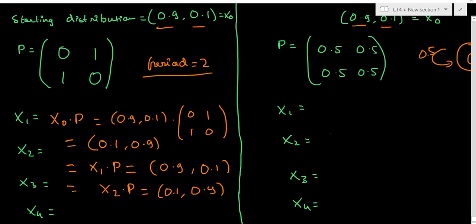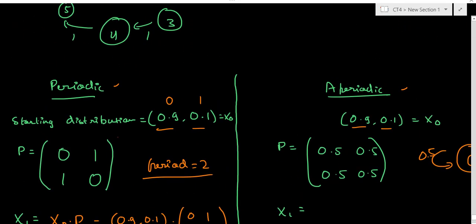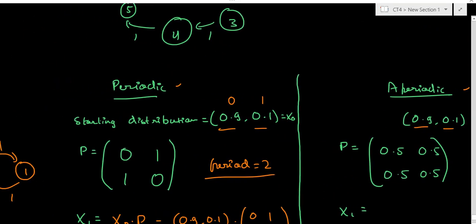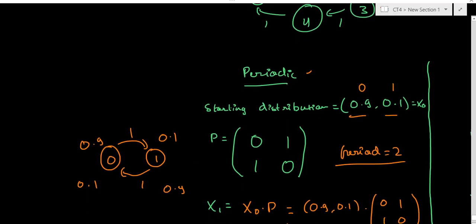So you can see that the policy holders are shifting from state 0 to state 1 every time. If they start with 0.9 here and 0.1 here, next time they will have 0.9 here and 0.1 here, and so on, right? They will keep rotating and will not settle down anywhere.